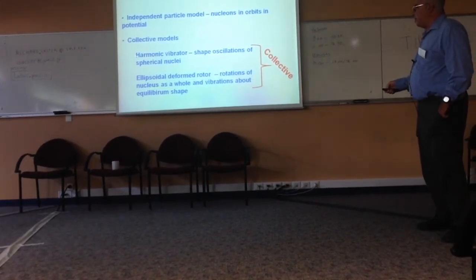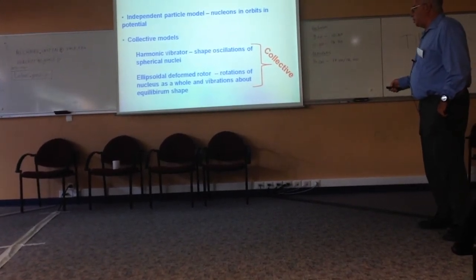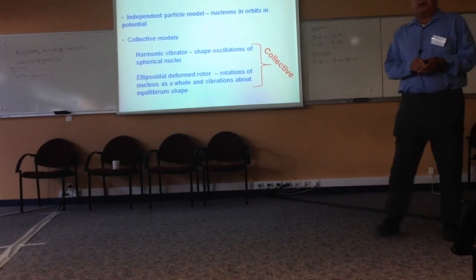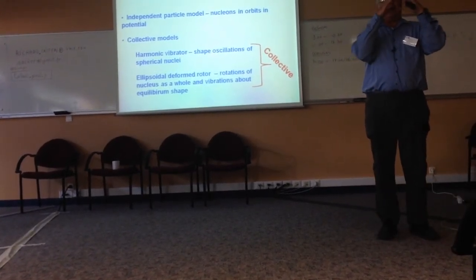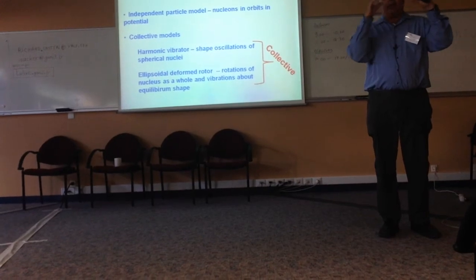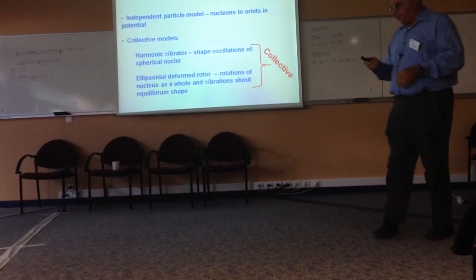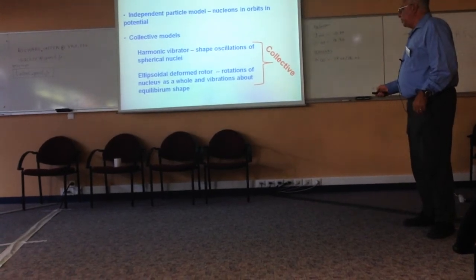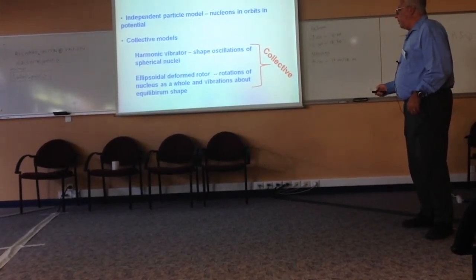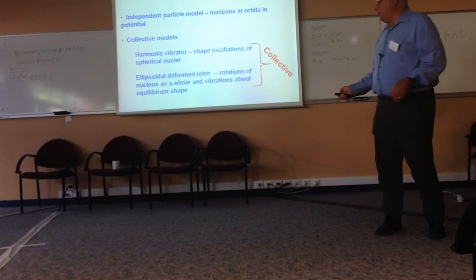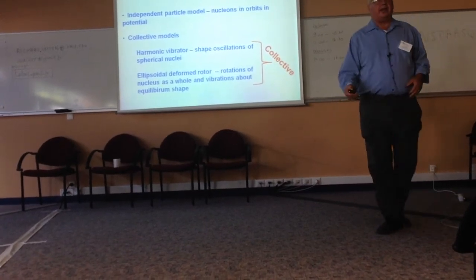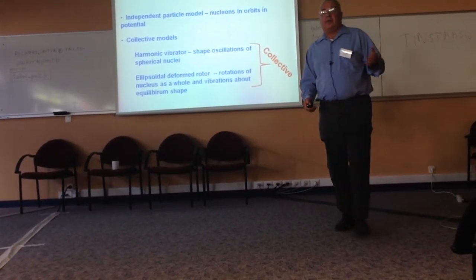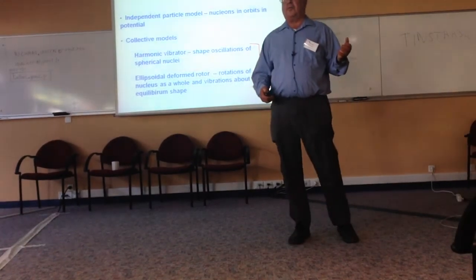A harmonic vibrator, and what you should picture in your mind there is a spherical nucleus that can vibrate. Okay, and that's all I'm going to say about it basically for now. The other simple model is a deformed rotor. What I mean by that is a nucleus that's shaped like, and I'm sorry to have to get patriotic about this, an American football.